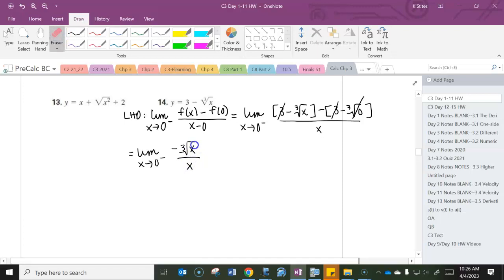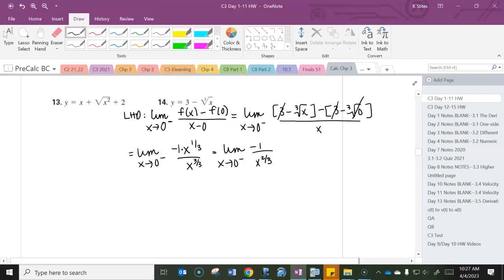Well, this is the same as x to the 1/3, and you could say times the negative 1 here. So now what I'm going to do is just subtract my exponents. 3/3 minus 1/3 is 2/3, and that's going to be a 2/3 on the bottom.